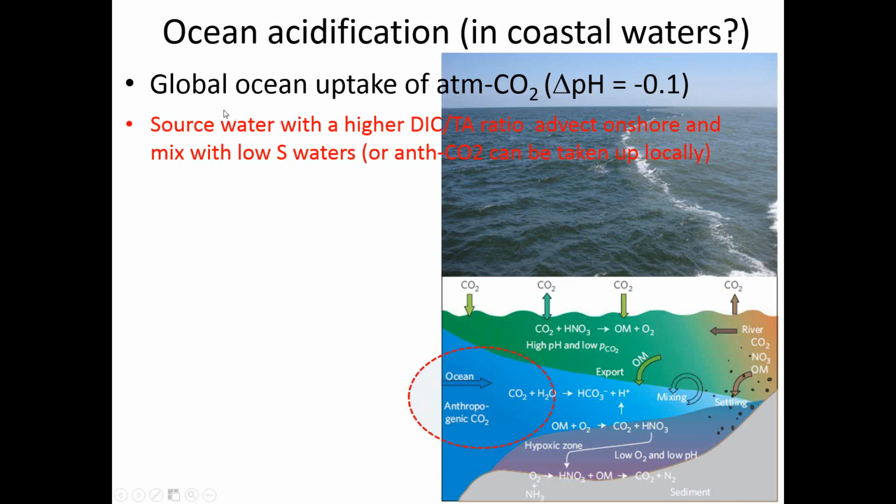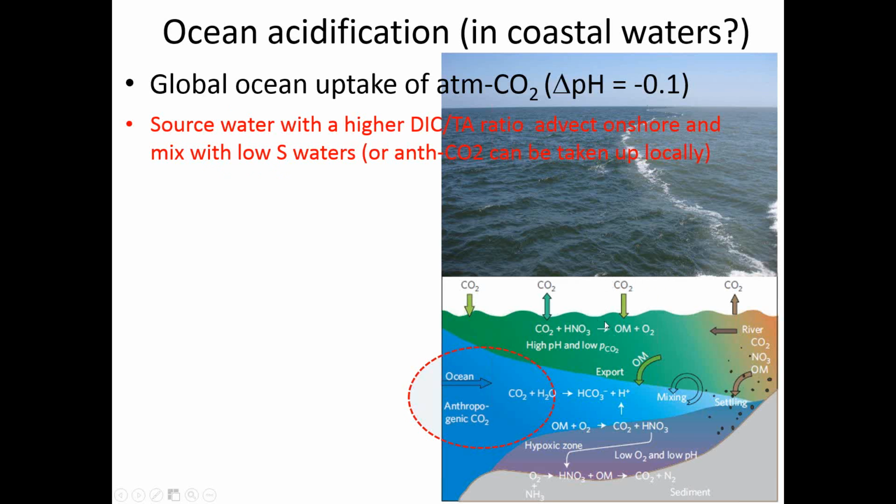And then this already acidified source water with a high DIC to alkalinity ratio advects onshore and mixes with low salinity water. So that's one mechanism.